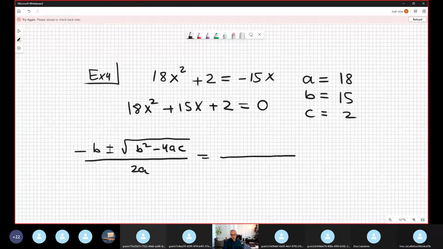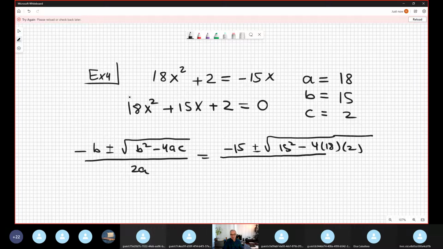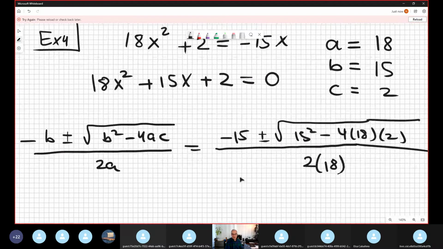Now ready. Minus 15 plus or minus square root of 15 squared minus 4 multiplication by 18 multiplication by 2, divided by 2 times 18.